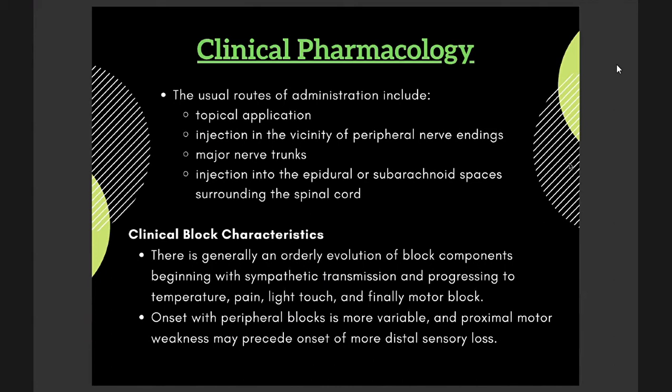There are certain local anesthetics that are used for this purpose. Not all anesthetics are used for differential blockade. We'll mention it later. Onset of peripheral block is more variable, and proximal motor weakness may precede onset of more distal sensory loss.